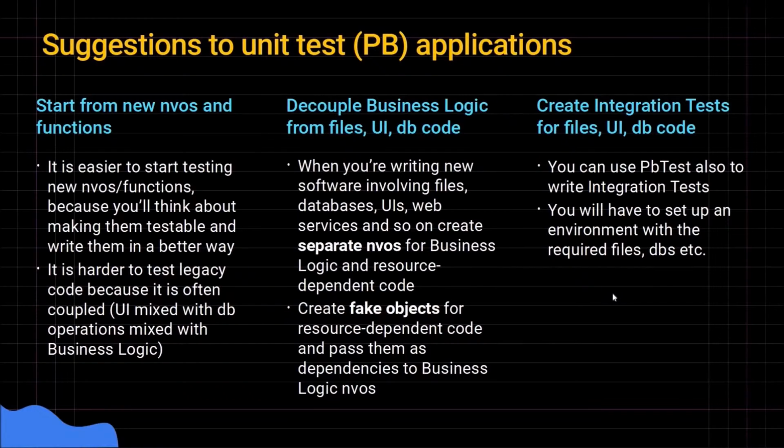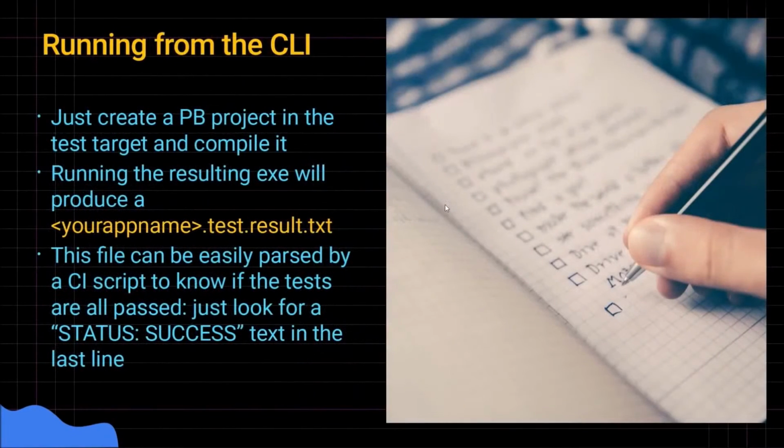If we need to do integration tests, and we will need to do that because we mainly develop business applications, we can use PbTest also for that. Of course, we will have to set up a complex testing environment with all the resources, files, databases, and so on. Okay, for running from the CLI, we already saw it in the demo.